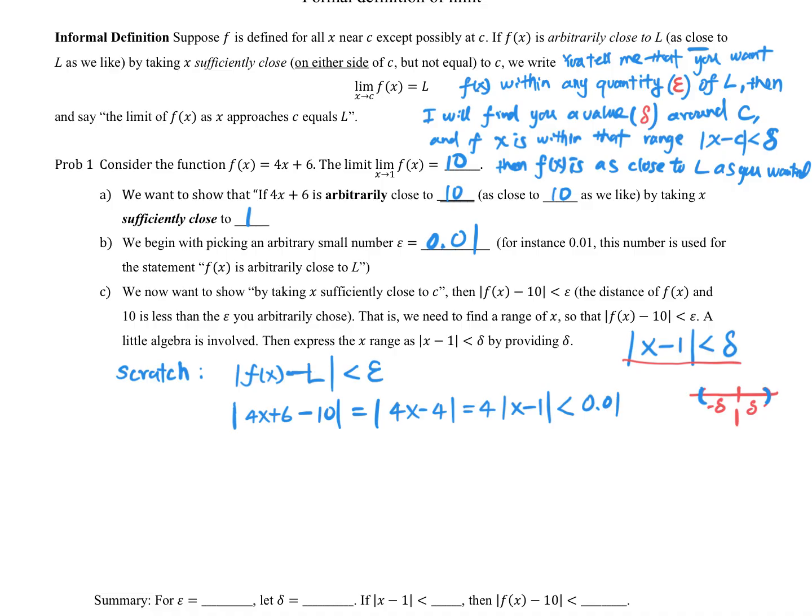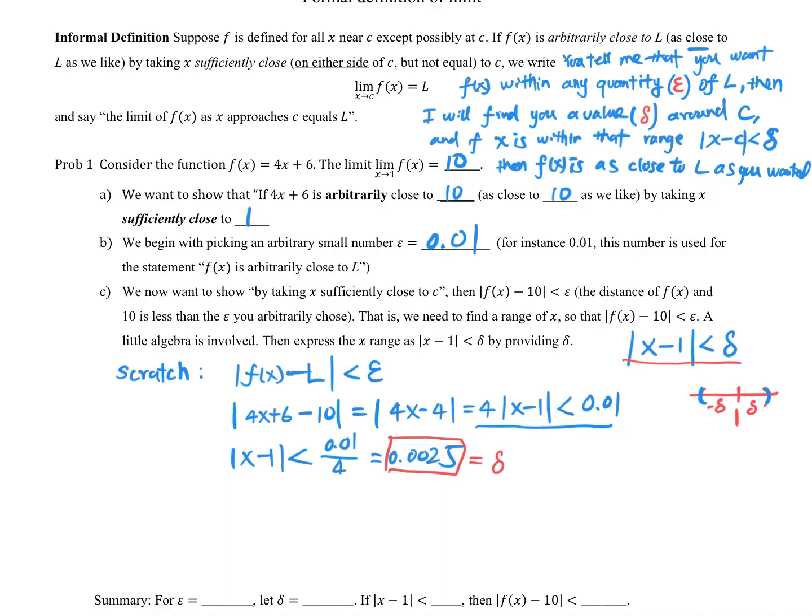So now take a look. From here, I can divide both sides by 4. Therefore, I have the absolute value of x minus 1 less than 0.01 divided by 4, which is 0.0025. This is actually the delta that I'm going to define.